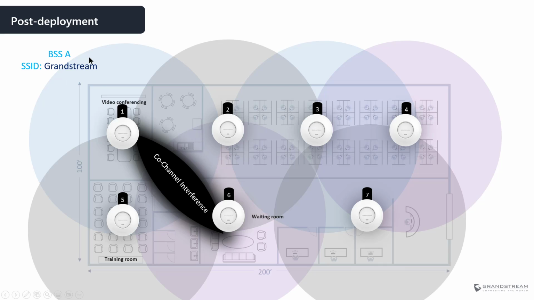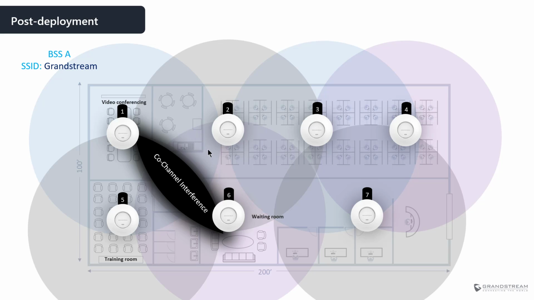Because the problem with that is if access point 5 is transmitting and access point 2 listens to the signal from 5, it will halt all the transmission. It's going to wait for access point 5 to finish transmitting its data. So both of them are going to be competing over the same channel, and that is not good for your wireless deployment.